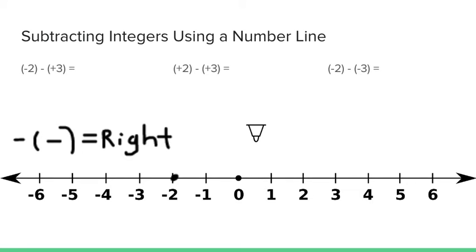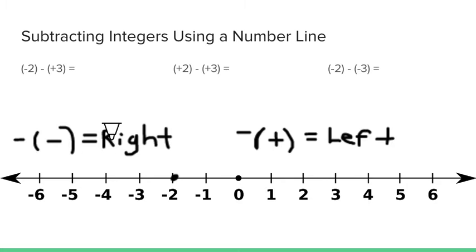And if you are subtracting positives, you're losing positives, so your answer is going to get more negative, and thus you are going to move to the left on your number line. Okay, hope that makes sense.